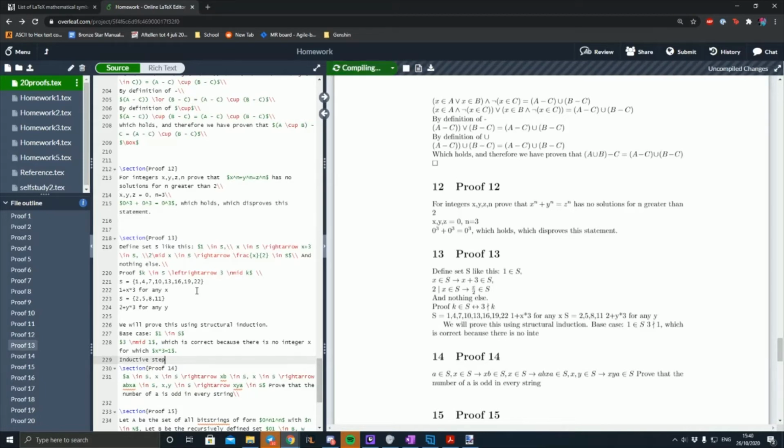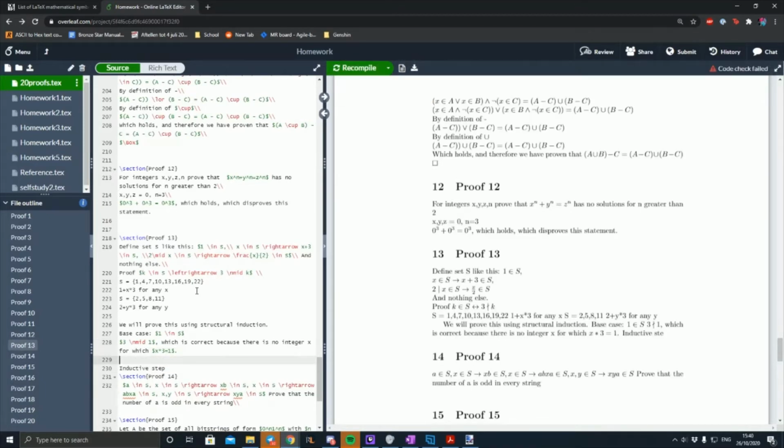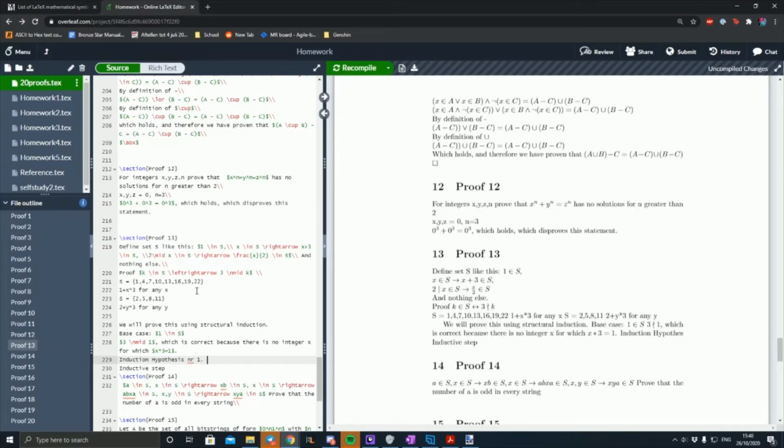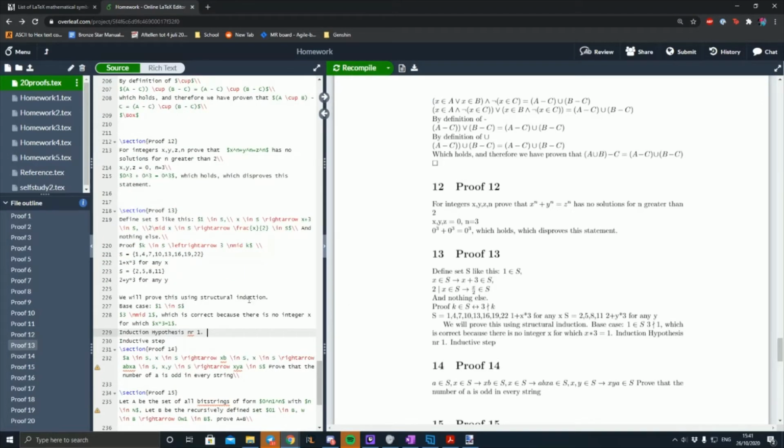So we have the inductive hypothesis number 1, which is that if x is in S, then... we already did a structural induction.